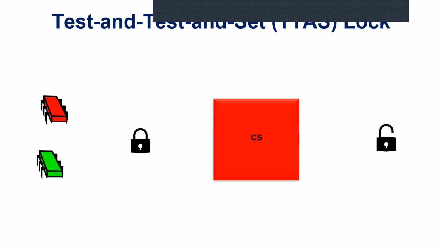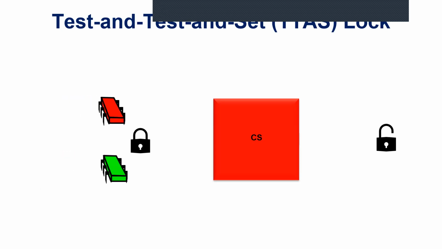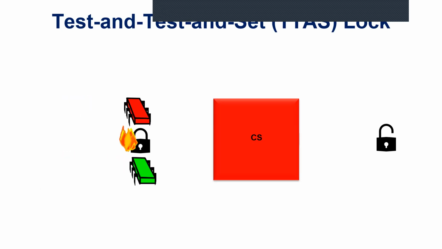Whenever the lock is available, all the waiting threads go for that variable once again, which leads to contention. But compared to the TAS lock, instead of continuously spinning on that variable, we are reducing that amount of time in TTAS lock.